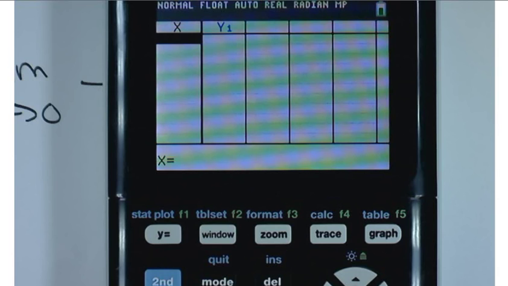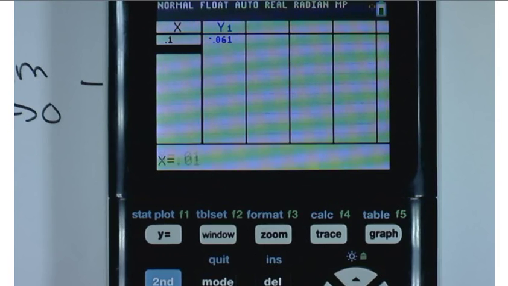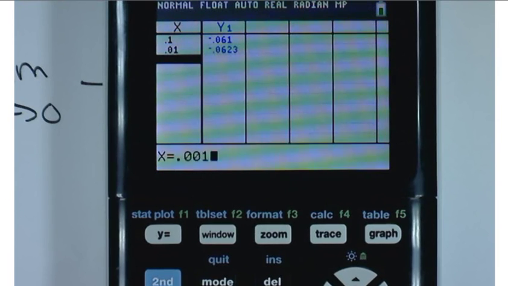Our limit is going close to 0. So what will be a sequence of values that are getting close to 0? 0.1, 0.01, 0.001, 0.0001, etc. And it seems like these things are settling down at about 0.0625.